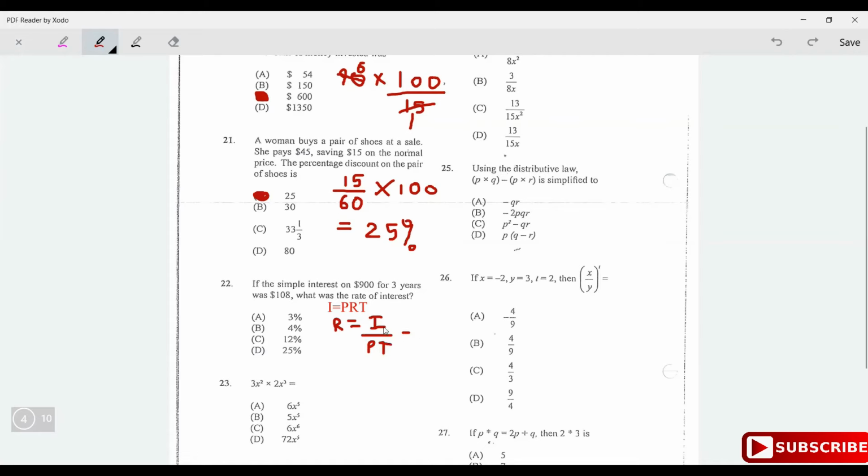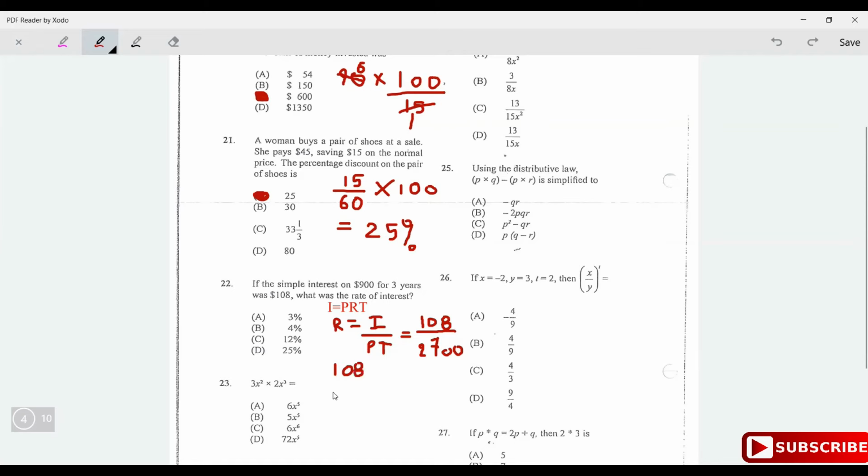So the interest is 108, the principal is 900 and the time is 3. 900 times 3 is 2,700. But this will give you the rate as a decimal. You want the rate as a percentage, so multiply it by 100.